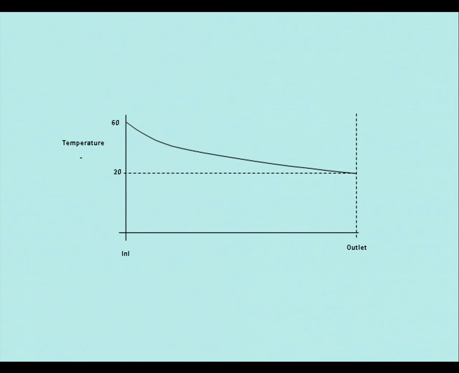But what happens sometimes, people assume a temperature that they want, and from that they will work out a heat loss, the U value, and what they do is they then say work out the U value based on the inlet temperature.